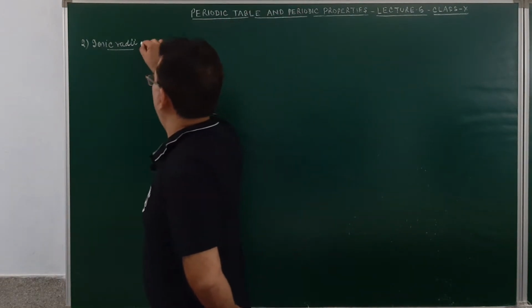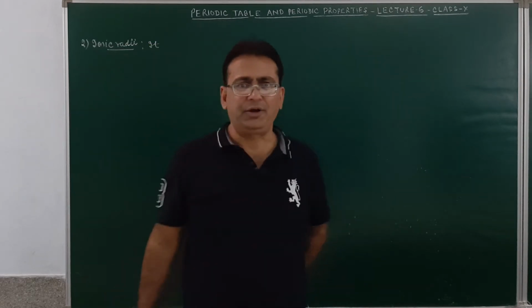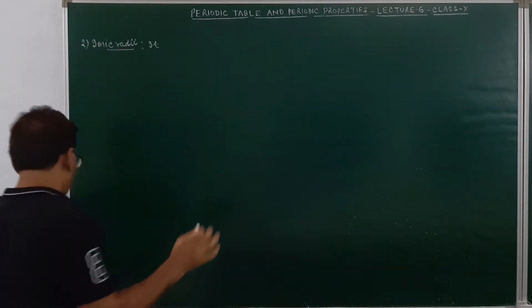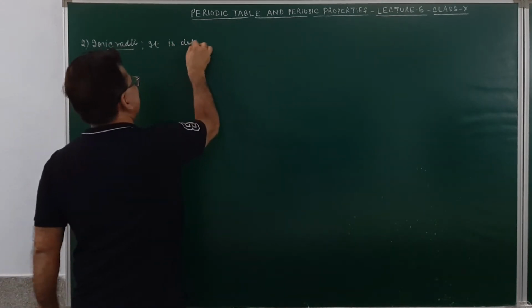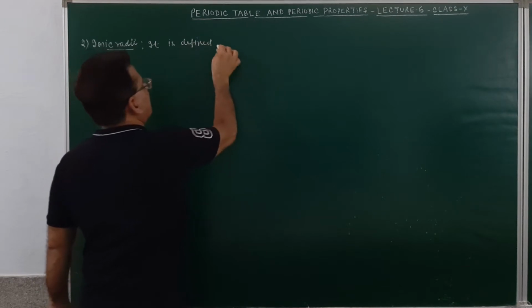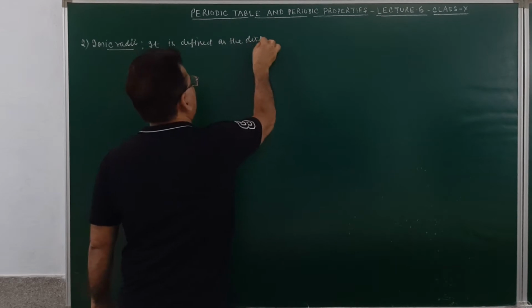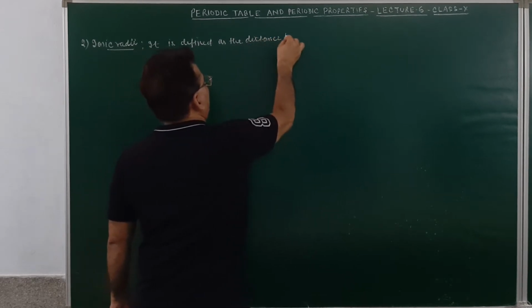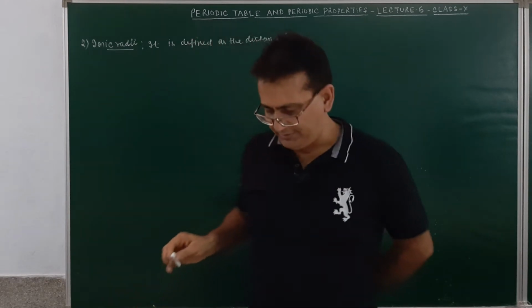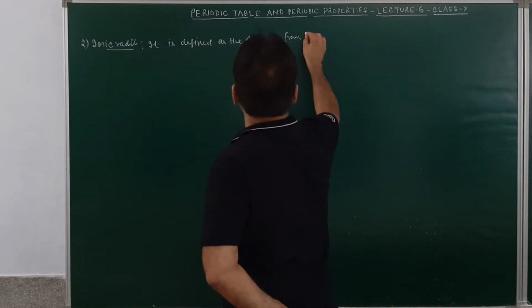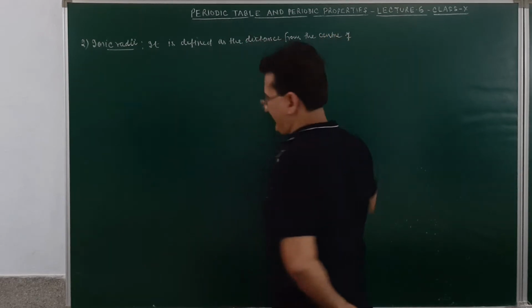So, it is defined as the distance from the center of the nucleus to the outermost shell of an ion.